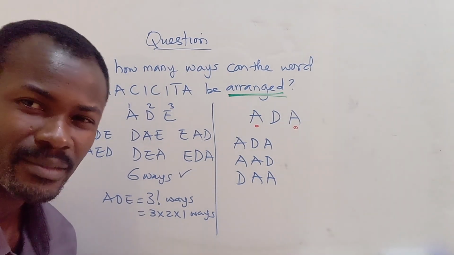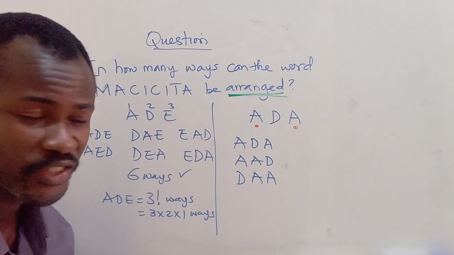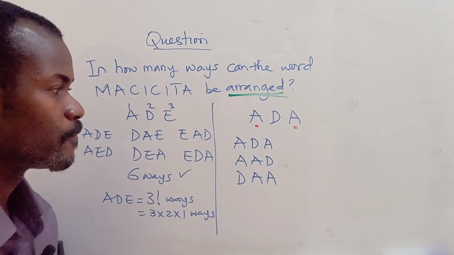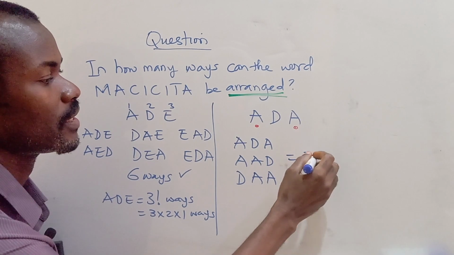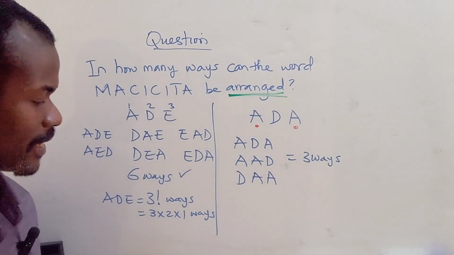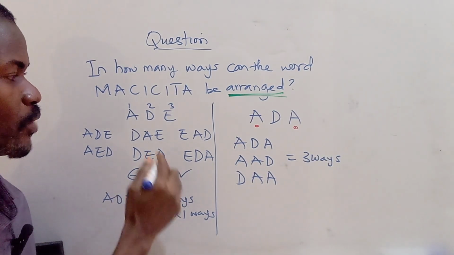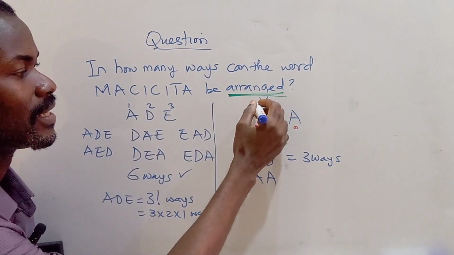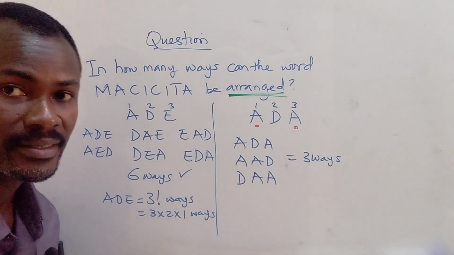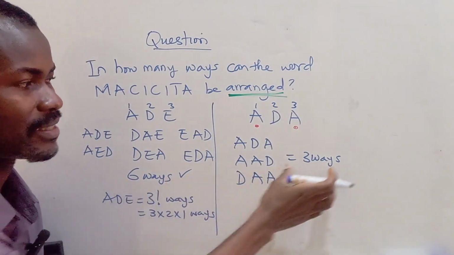So these are the only 3 possible ways to arrange this. So for this, we have just 3 ways. But why is it that this was 6 when we have 3 letters, and here we also have 3 letters, yet this is 3?